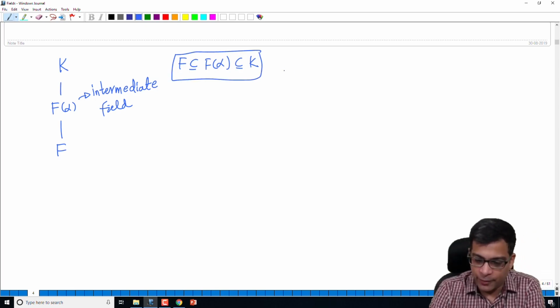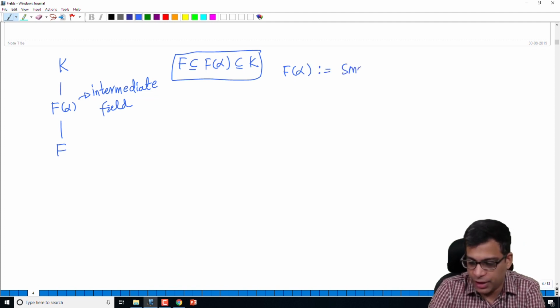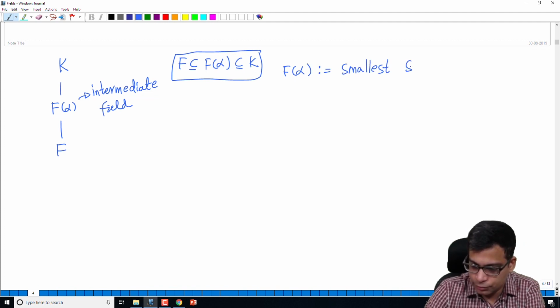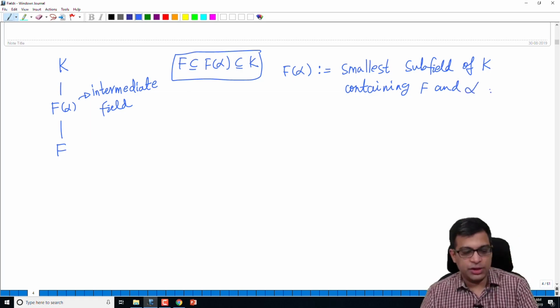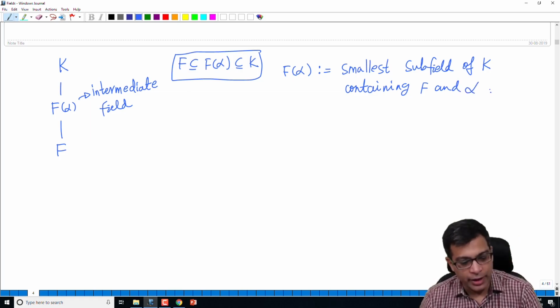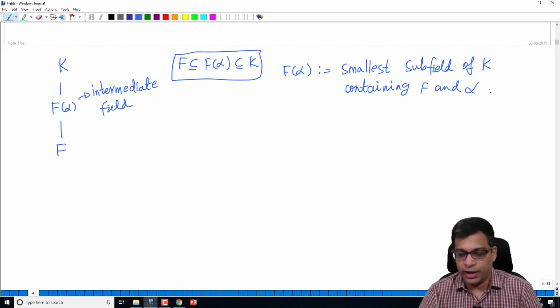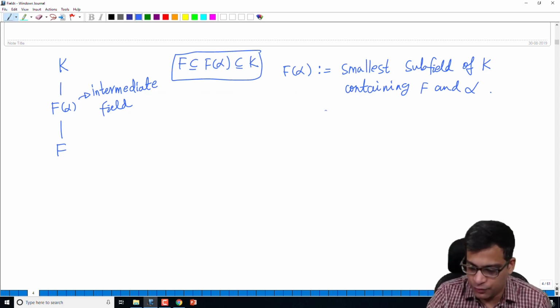And what is F(alpha)? F(alpha) is simply the smallest subfield of K containing F and alpha. Right, so this is a field that is supposed to contain F and also alpha, and we look at the smallest such field.